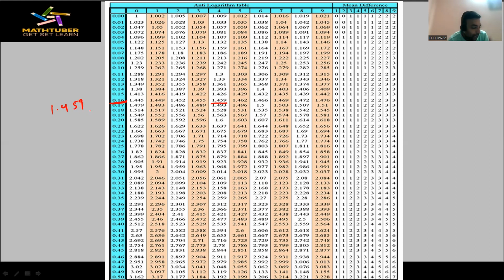And then at the last we have the number 7. So 7 is for this mean difference. So it is 1, 2, 3, 4, 5, 6, 7. So on the 7th column, you have the value 2 here. So you have to add it to this number, which is 1.459, and it becomes 1.461.